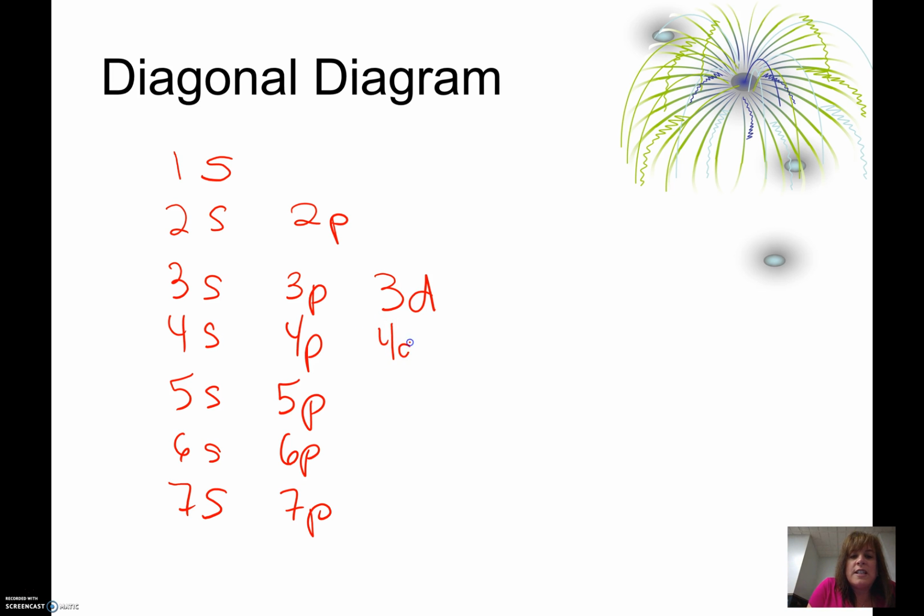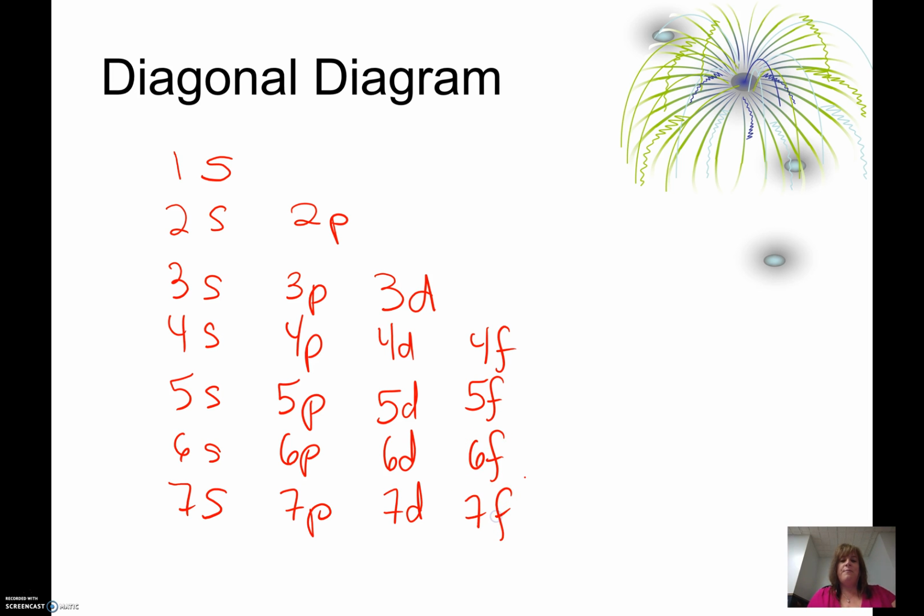So 4d, 5d, 6d, 7d. 4 can have an f. So 4f, 5f, 6f, 7f. Now 5 could have a g, but we don't have any elements that have that many electrons, so we can stop when we get to the f's.